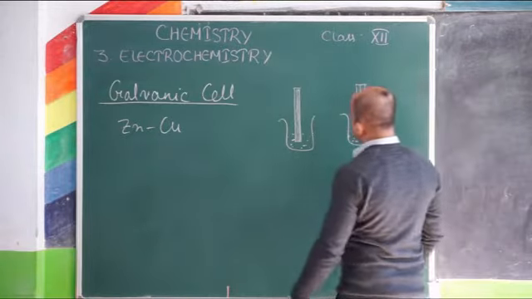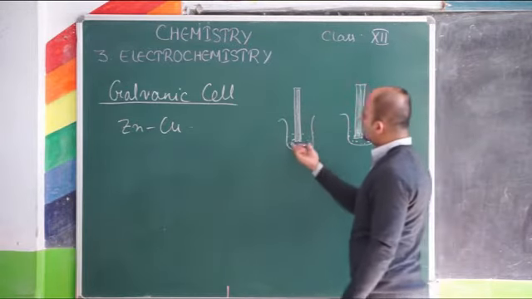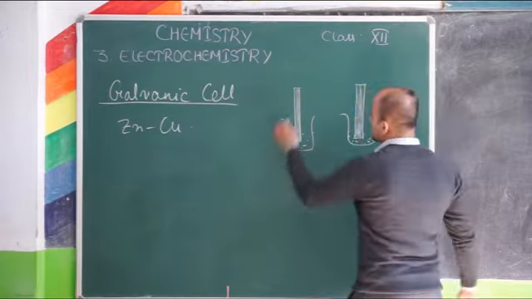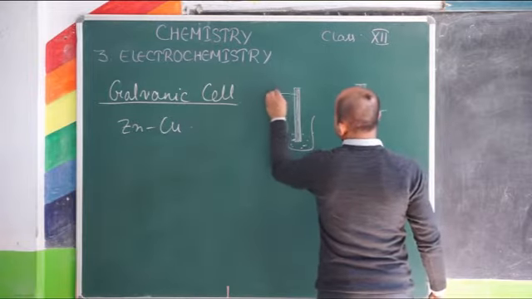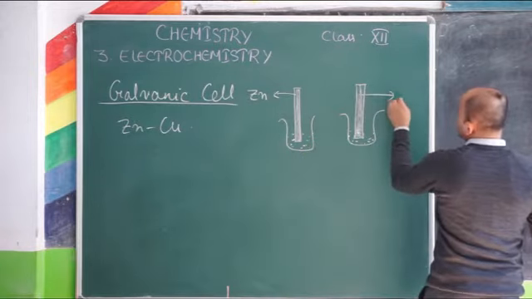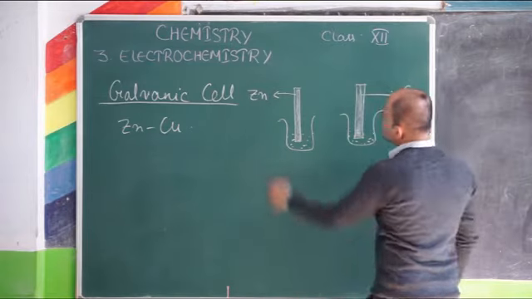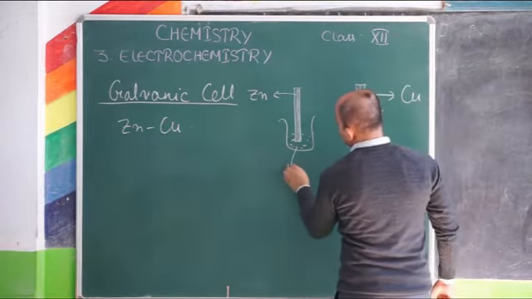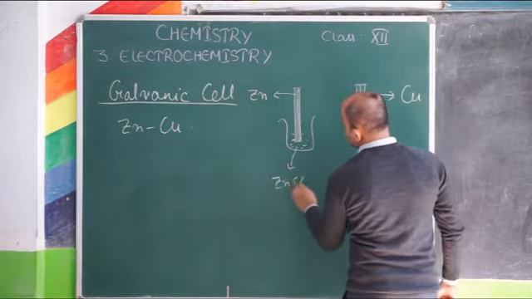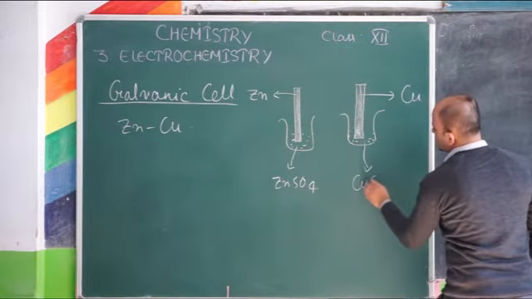Now these two are electrodes, and you have the electrolyte in which each rod is dipped. Here this rod is zinc and this electrode is copper. This zinc is dipped in zinc sulfate solution and this copper is dipped in copper sulfate solution.